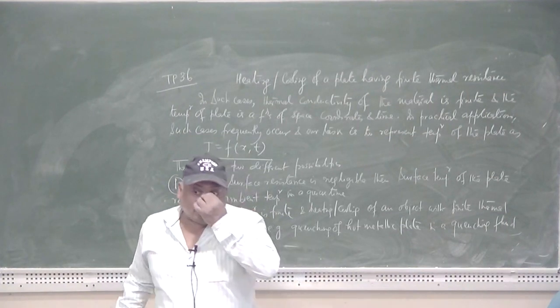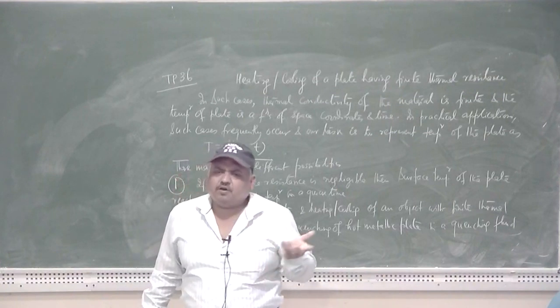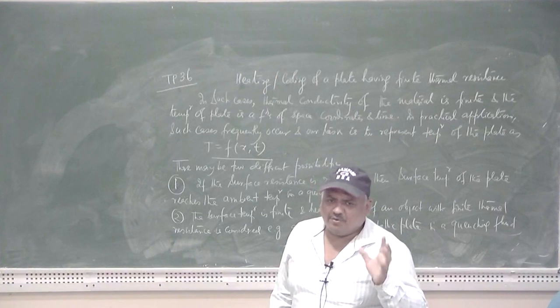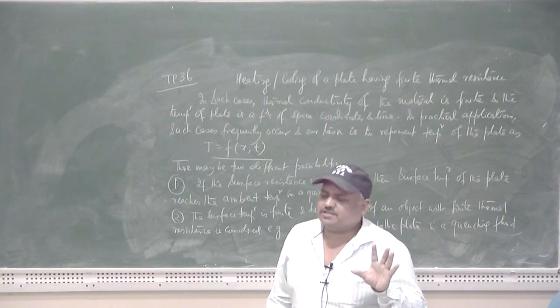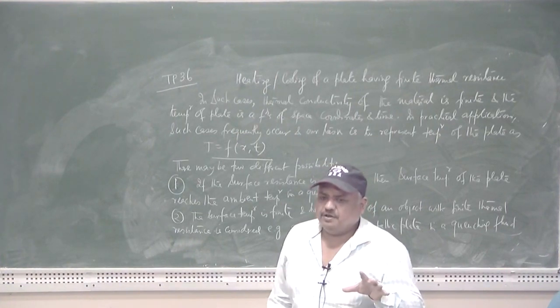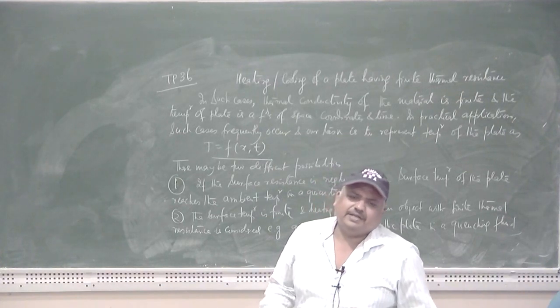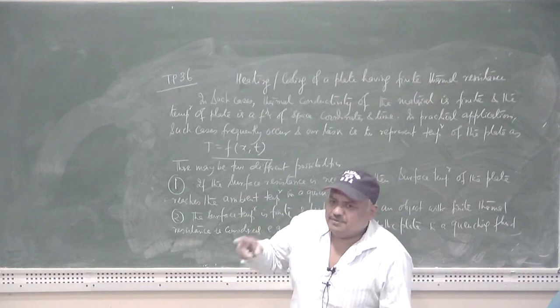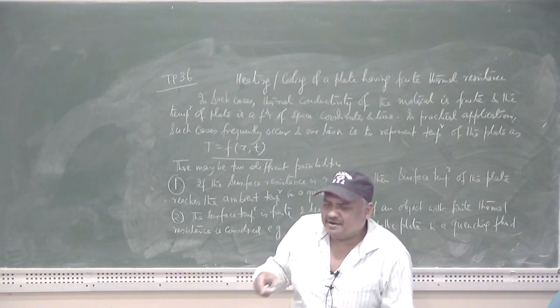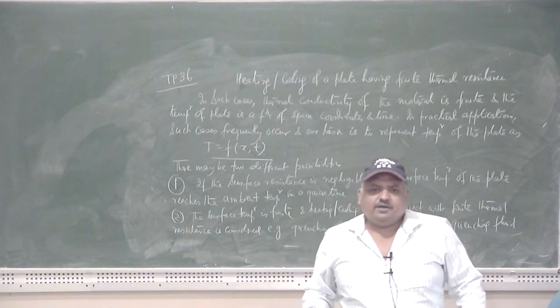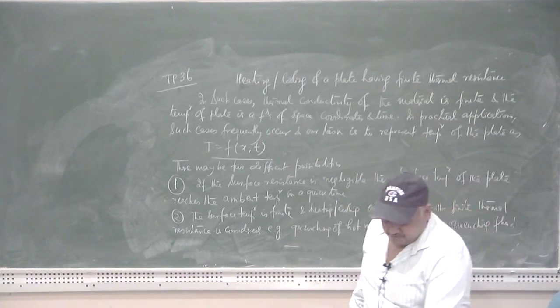In order to discuss this type of problem, it is necessary to formulate the problem first. Once the problem is formulated, you have to make certain assumptions. Once the assumptions are made, they give rise to the differential equation which governs the entire process.